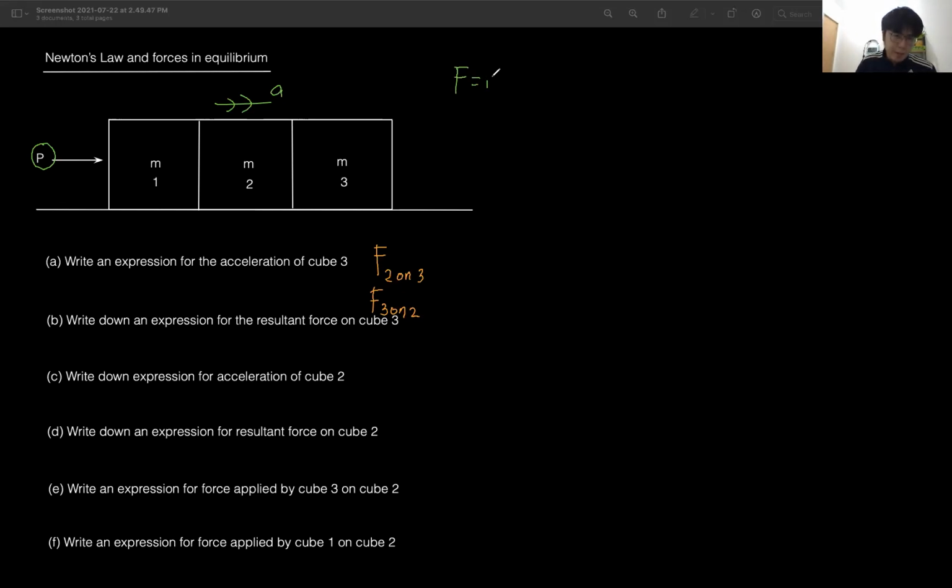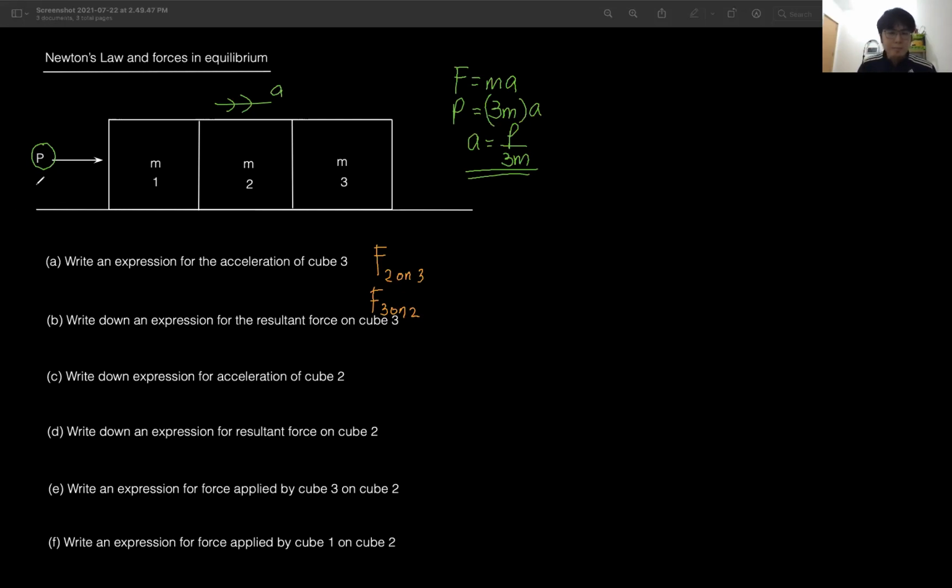F equals ma, net force is P, assuming there's no frictional force. So P equals m, I got 3 masses, so that would be 3m times acceleration. Acceleration equals P divided by 3m. That's my acceleration.